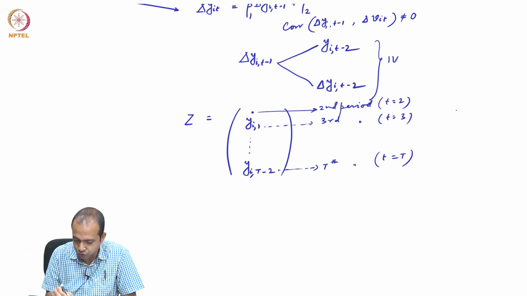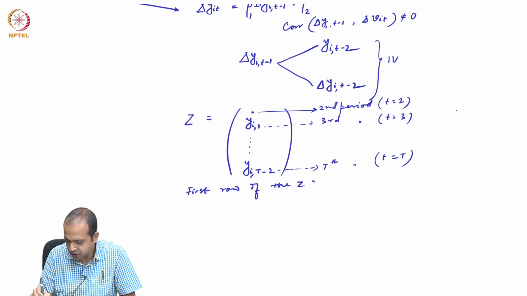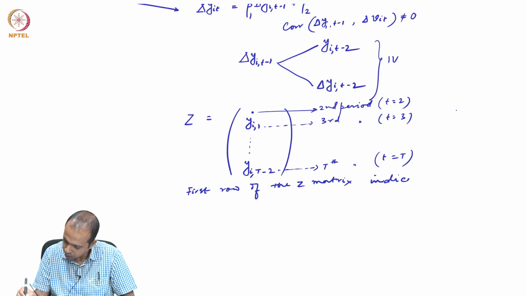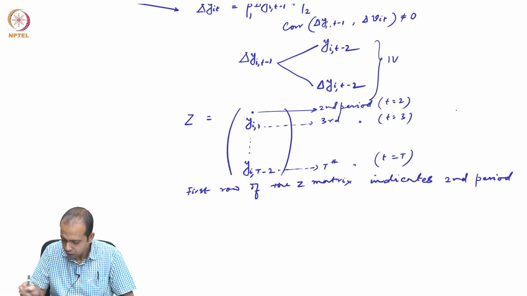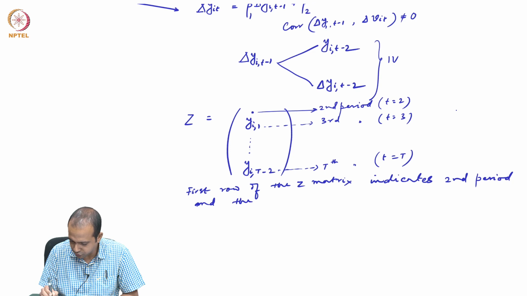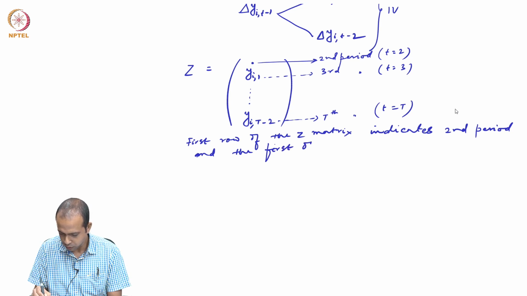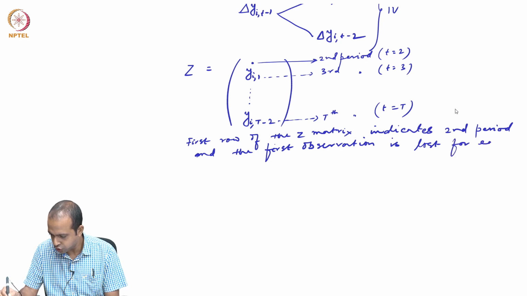So, the first row of the Z matrix indicates the second period, and the first observation is lost for each panel.